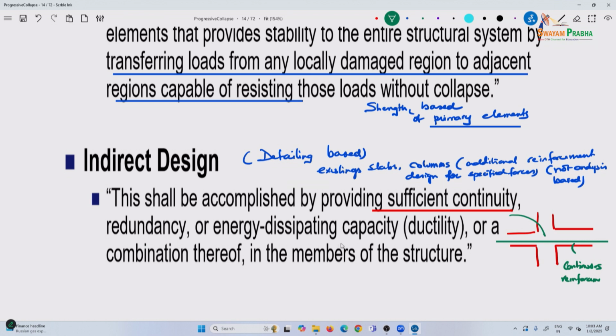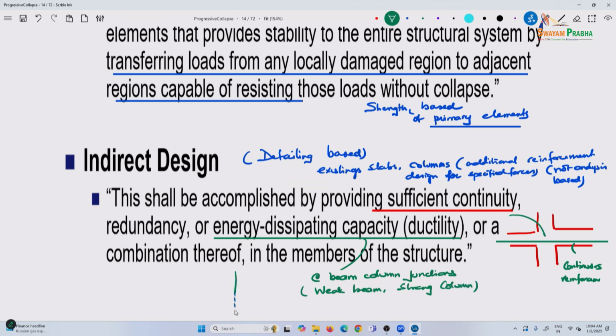And redundancy, energy dissipating capacity, ductility, this is especially at beam column junctions. And we have in seismic what is known as the weak beam, strong column approach.